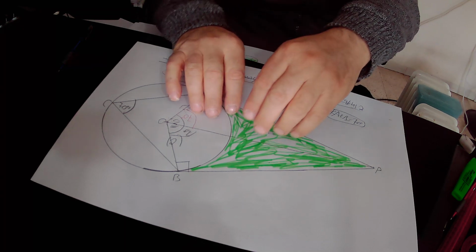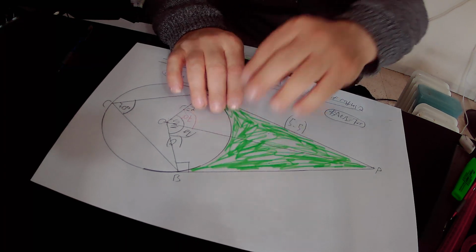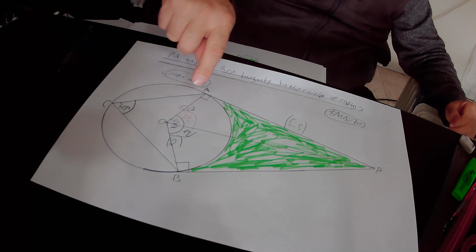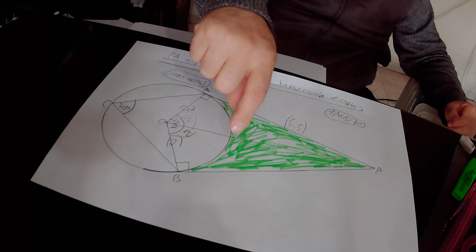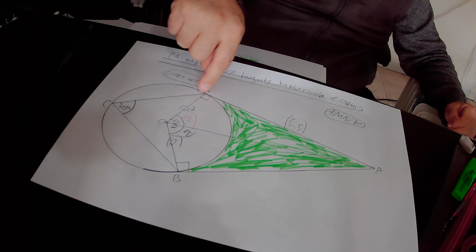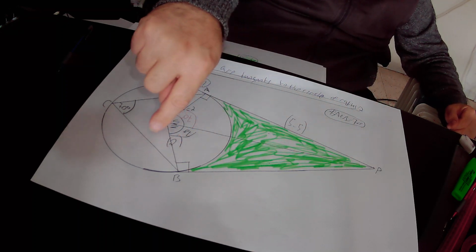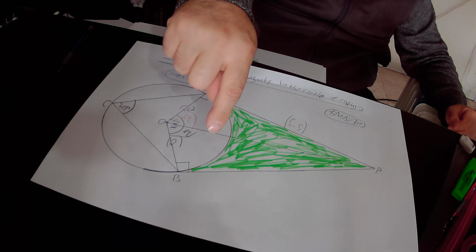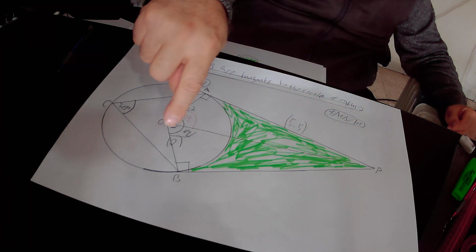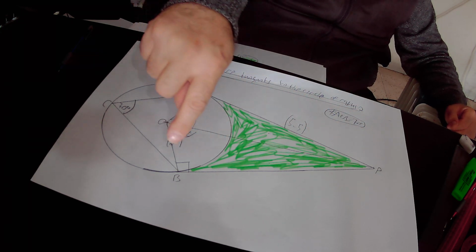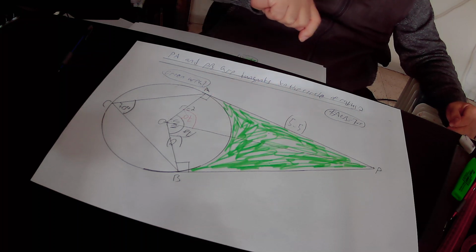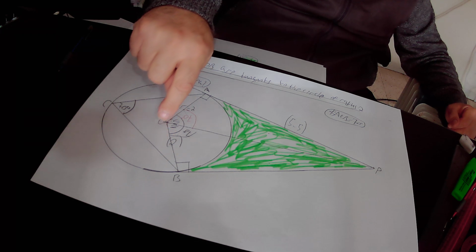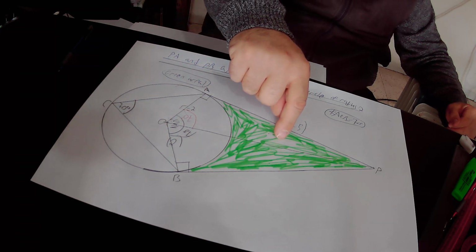The sum of the areas of those two right triangles will give us the area of quadrilateral PBAO or AOBP, minus the area of this sector AOB, which will give us exactly the area of this green shape.